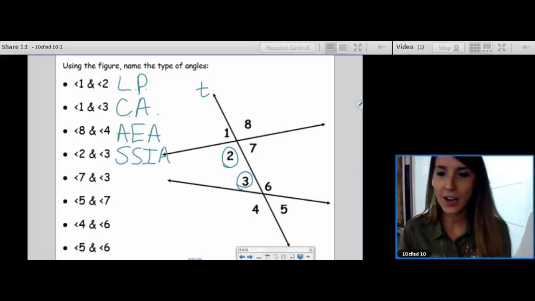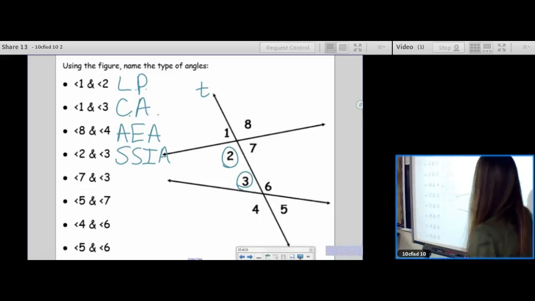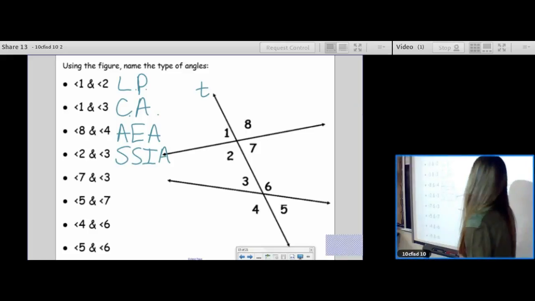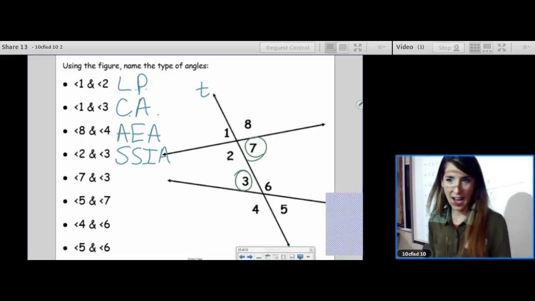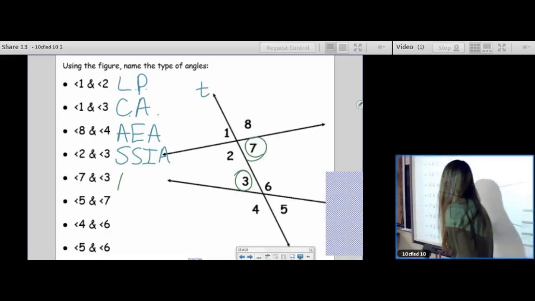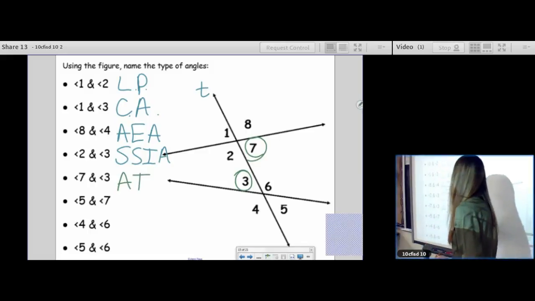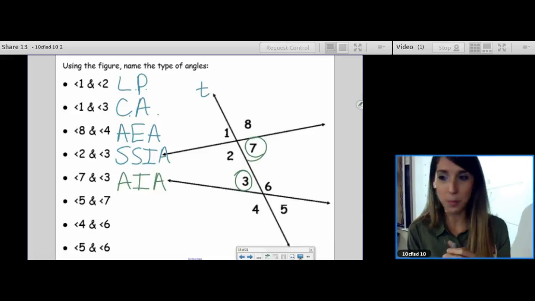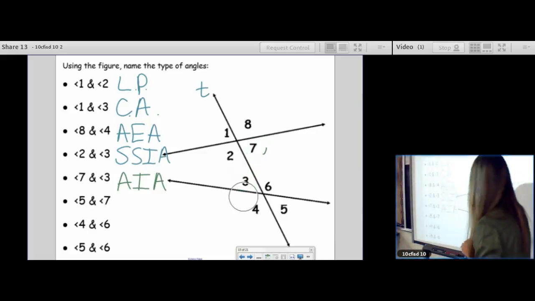Same side interior angle. 7 and 3. Same side or alternate? Alternate. Interior or exterior? Interior. So that I and that E make a big difference if you are abbreviating. Don't mess that up. You should know what those words start with.